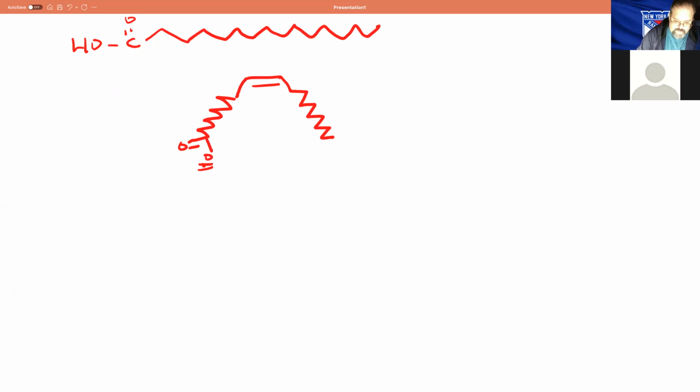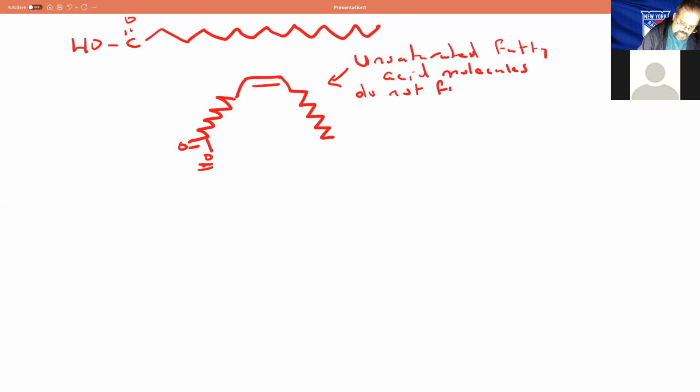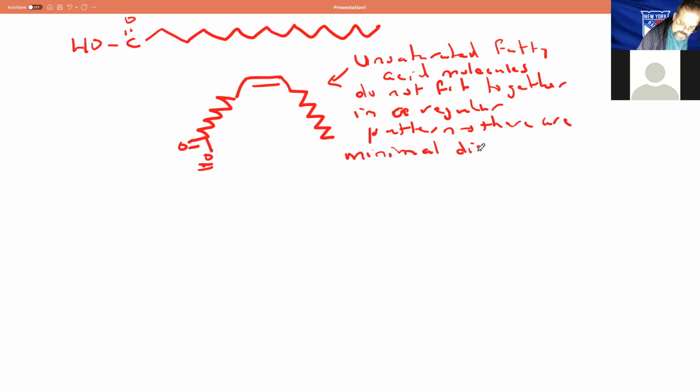Because the molecules have an irregular shape, your unsaturated fatty acid molecules do not fit together in a regular pattern. And therefore, there are minimal dispersion forces present between the carbon chains.